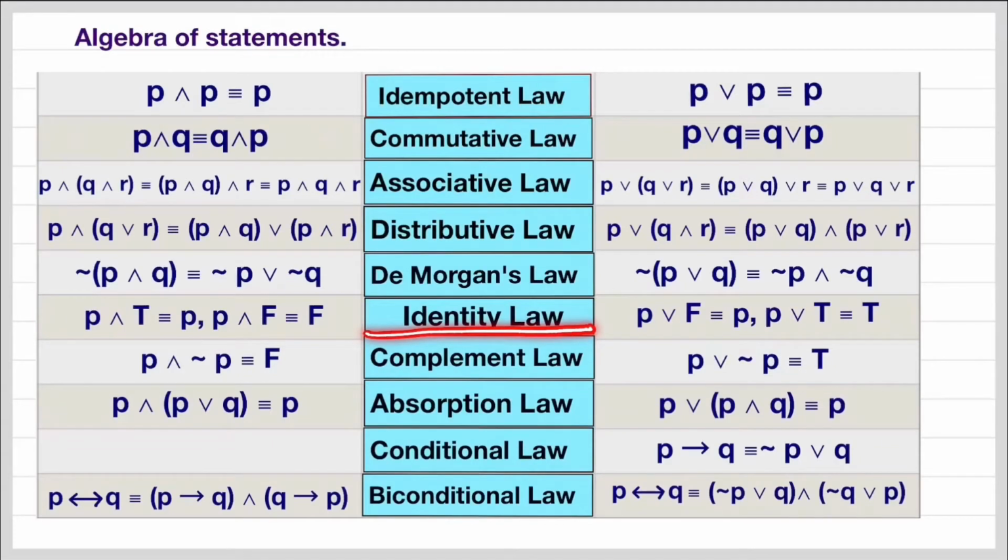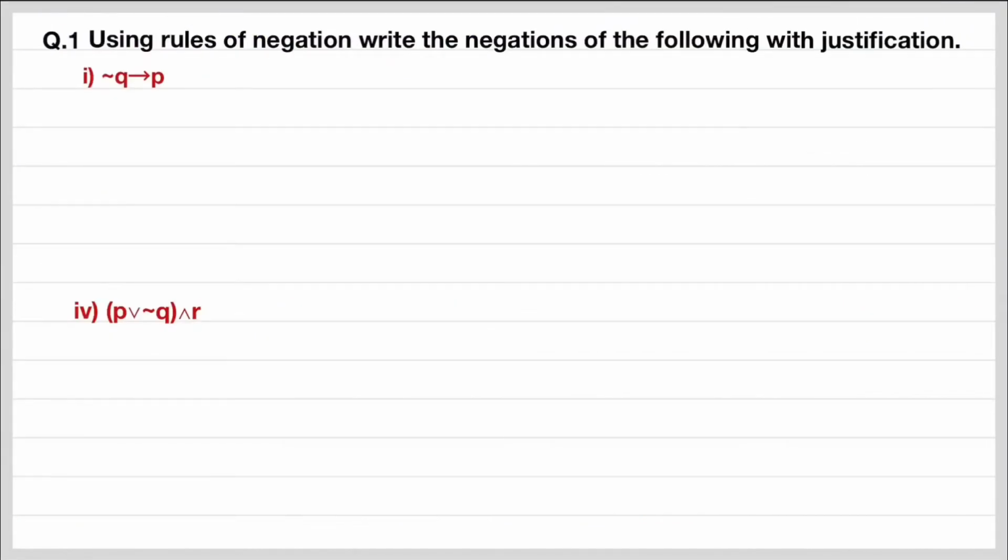Algebra of statements are magical laws with which we can prove logical equivalence without using truth table. Also, we can simplify switching circuits. These laws are very important, so do it well.